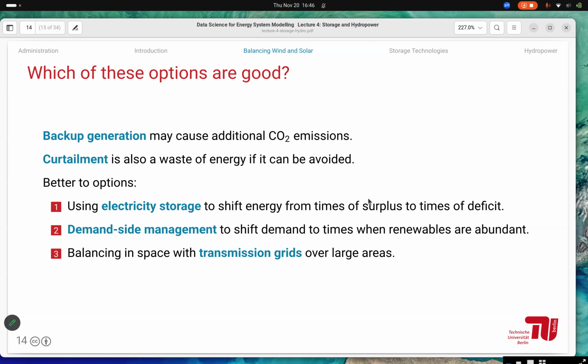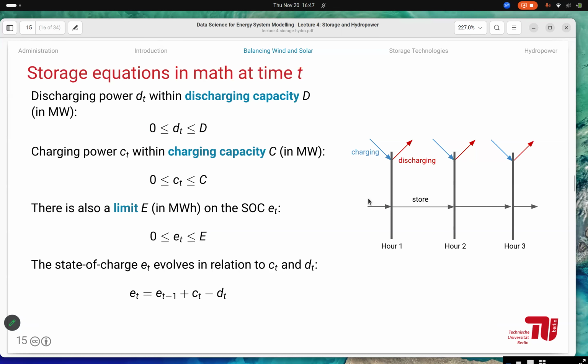That relates to the import-export mechanism that some of you mentioned earlier. It might be that in Denmark it's windy, whereas in southern Germany it's not, and then in some other period in southern Germany it's windy, in Denmark not so much. And then you can use the transmission grid to balance the differences in renewable availability.